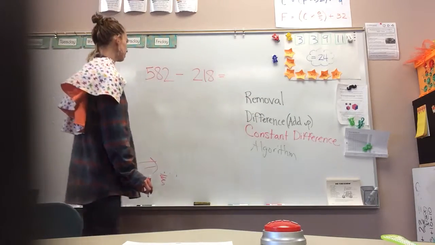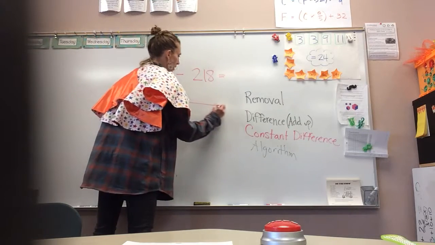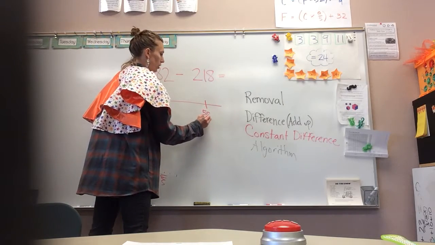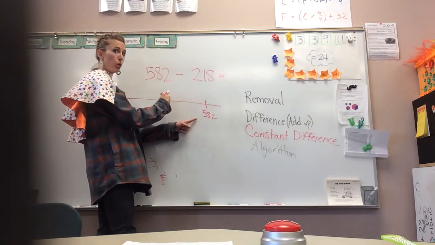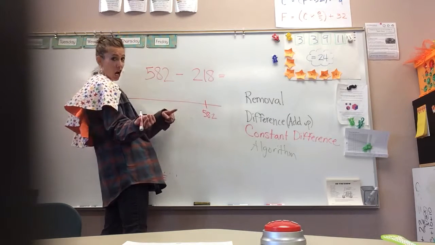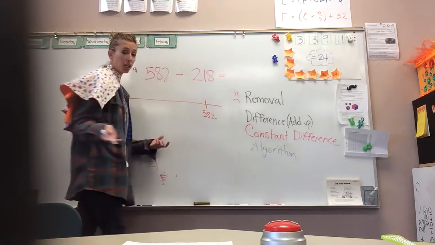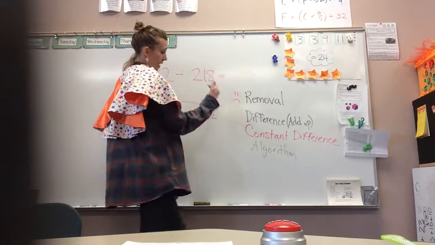Okay. So let's look. We have the removal strategy. We could start at 582 and remove 218. That's a lot. I'm not going to do it. Nah. We could, but let's not.